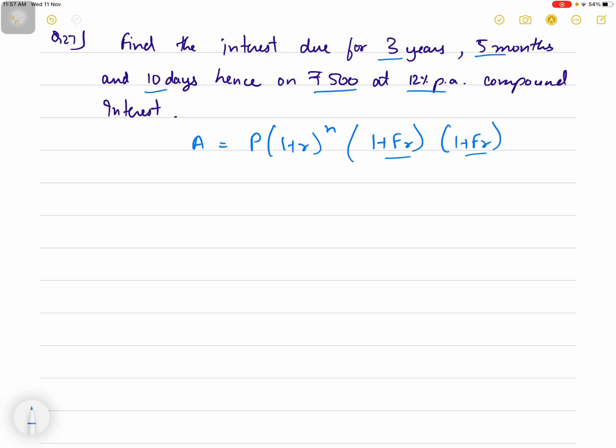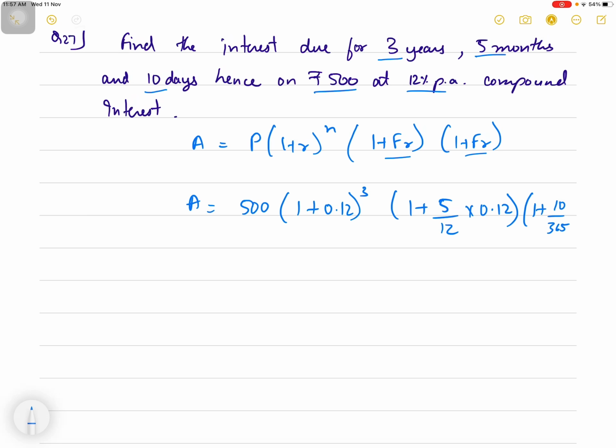So A is equal to P is 500, (1 plus 0.12) raised to n, 3 years. 1 plus FR, so my first one is 5 months, so 5 by 12. And R is 12%, so multiplied by 0.12. And next one is for 10 days, so 1 plus 10 by 365.